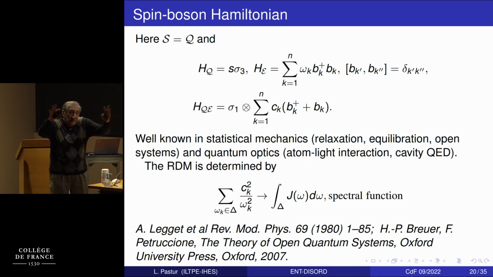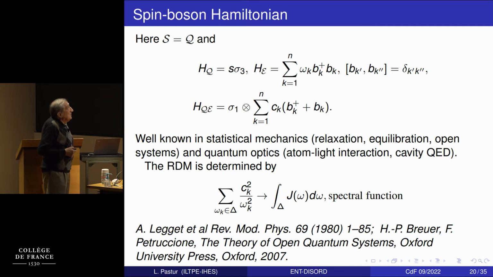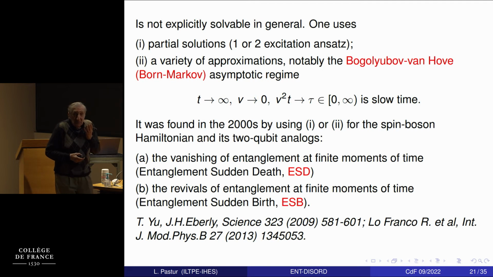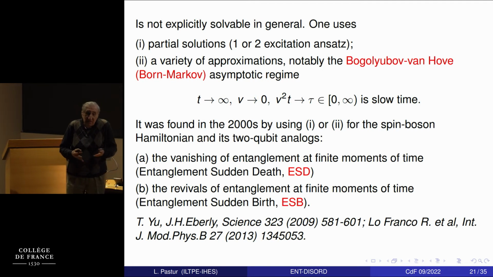It means that your reservoir, your environment, is macroscopic already, and it can be shown that the result is completely determined by this combination of coupling constants and the frequency of your spins. So you have a reduced density matrix which is expressed via z.